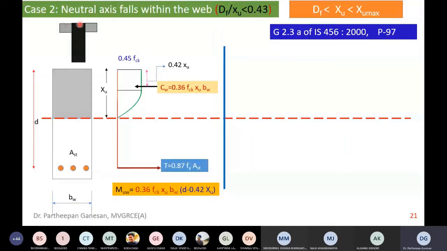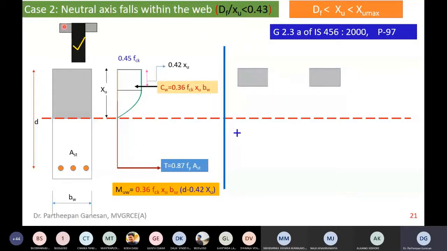Now you are left with the remaining flanges, because they are also taking compressive force. So the plus symbol here, I have this left portion from here. This rectangular portion I already did here, that is why I marked a tick here.